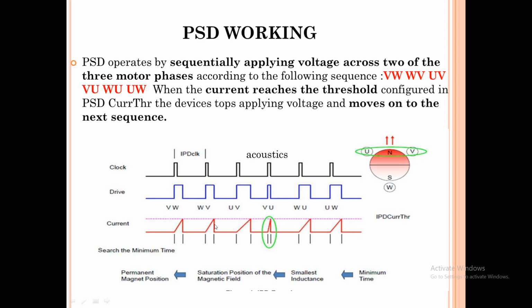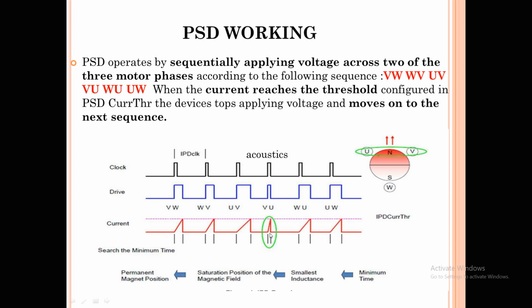We measure all six sequences and their settling time. Assume that U and V have a very high settling time compared to the others.